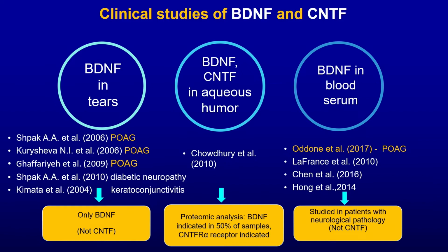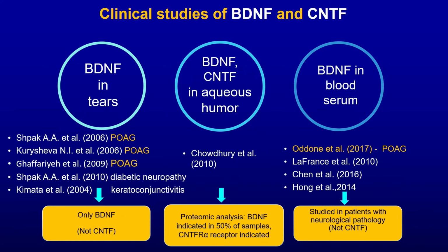That was proteomic analysis of the fluids taken during cataract surgery, and they simply measured presence or absence of particular proteins. It has been shown there that there are some amounts of BDNF and NGF, but for CNTF and glial factors, there are some receptors found. So most probably they were there, but they were not yet identified properly.